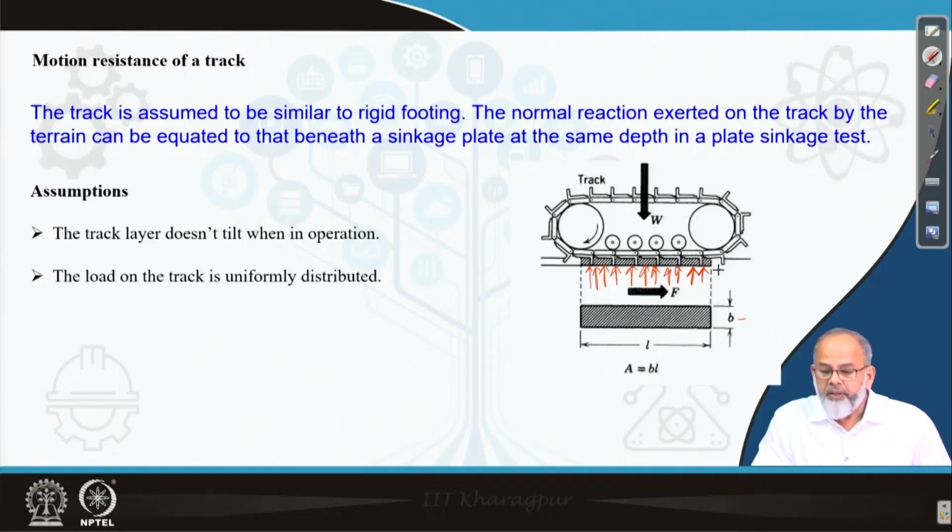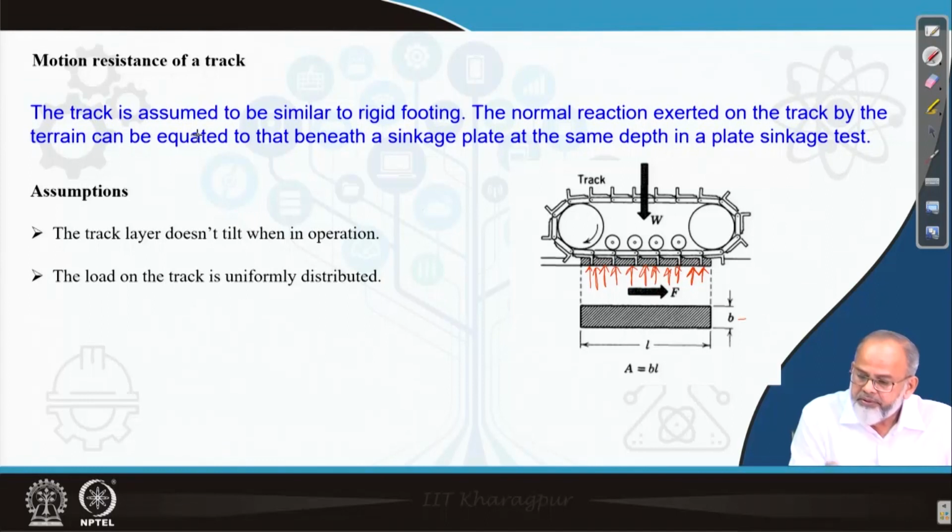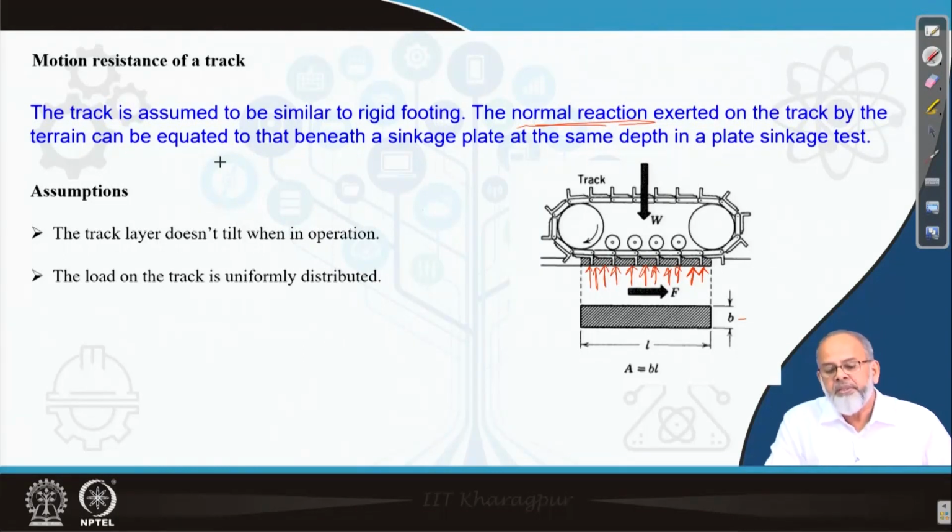And the normal reaction exerted on the track by the terrain can be equated to that beneath a sinkage plate at the same depth in a plate sinkage test. So this is very important. The normal reaction will be equal to the pressure beneath a sinkage plate which is at the same depth as that of the depth at which the track is moving.